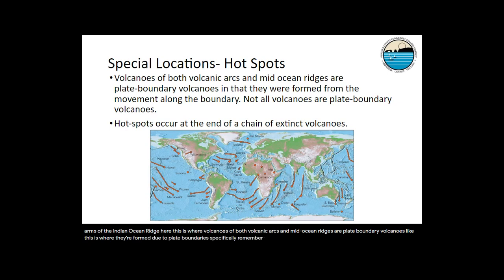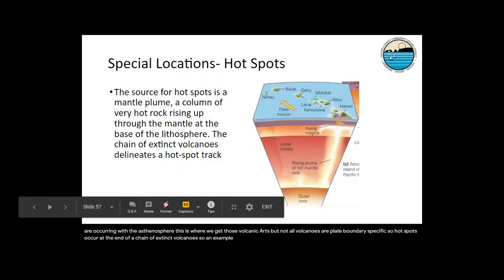Remember, volcanic arcs are where we have subduction and then the friction there occurring with the asthenosphere. This is where we get those volcanic arcs. But not all volcanoes are plate boundary specific. So hotspots occur at the end of a chain of extinct volcanoes. An example of a hotspot is Hawaii.